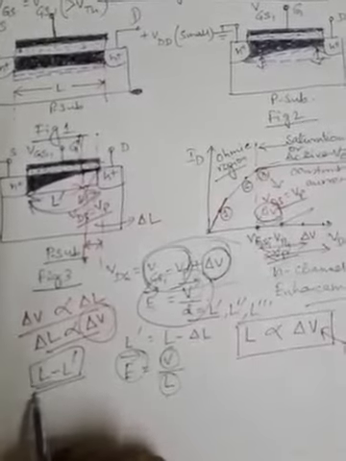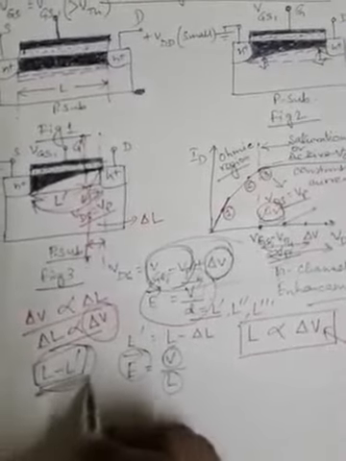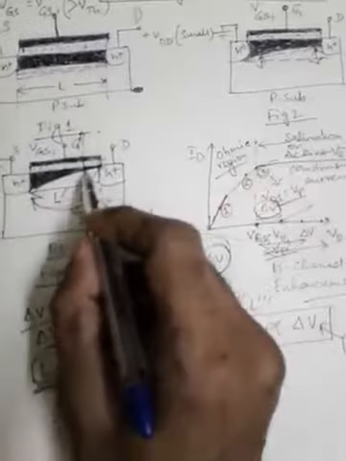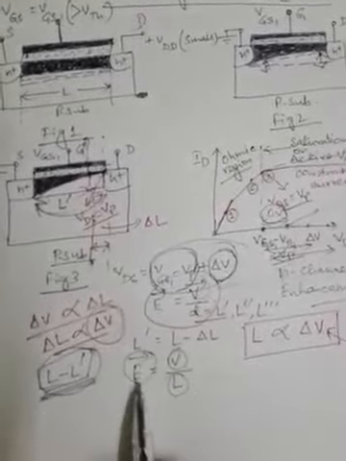So the electrons are short on journey. They still need to move a length L minus L prime, and for movement over this length they need some extra force, which they get from this increase of electric field.